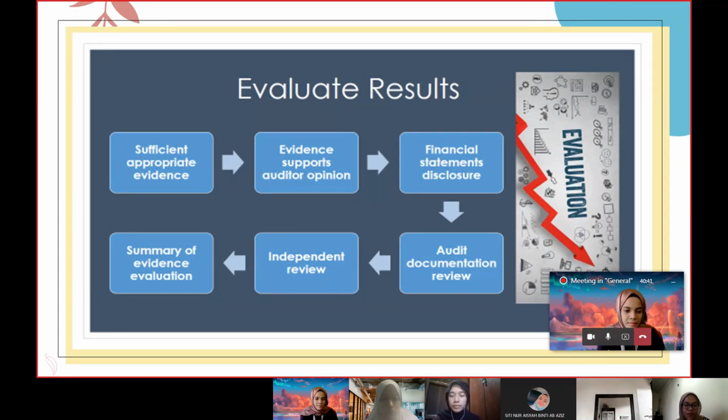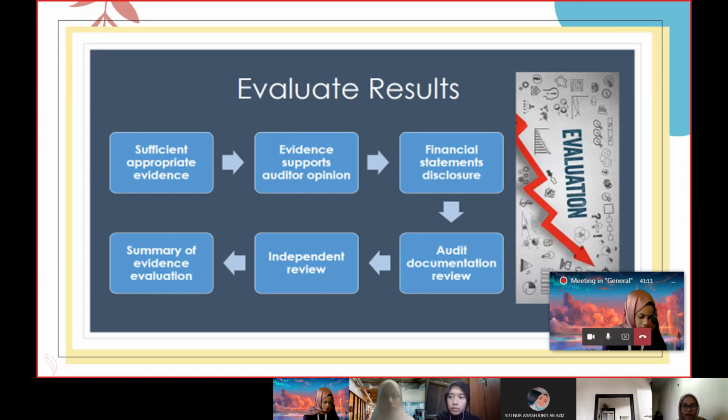The five main aspects of evaluating the result are, first, sufficient appropriate evidence, where we determine that all the transactions, accounts, and disclosures have been adequately tested. The most important thing is to make sure all parts of the audit program have been accurately completed and documented to meet the audit objective.